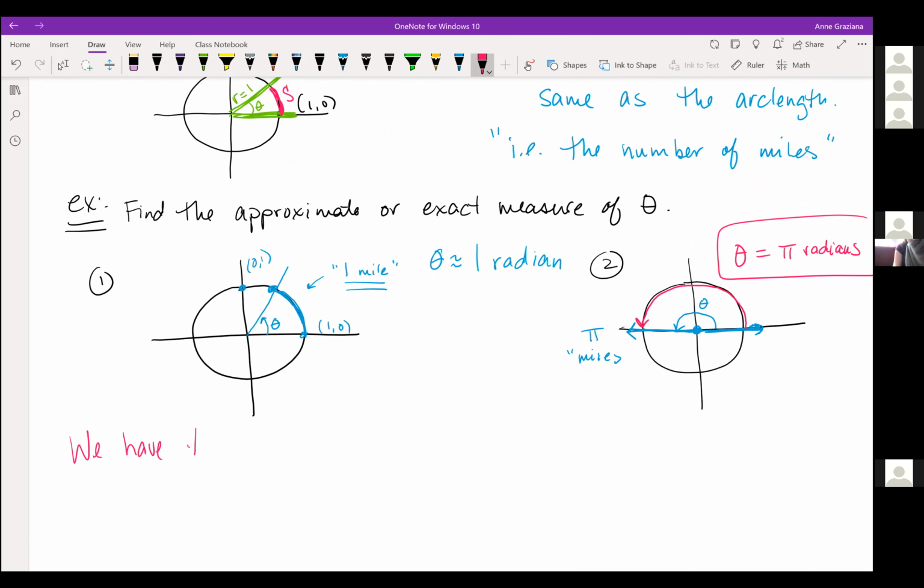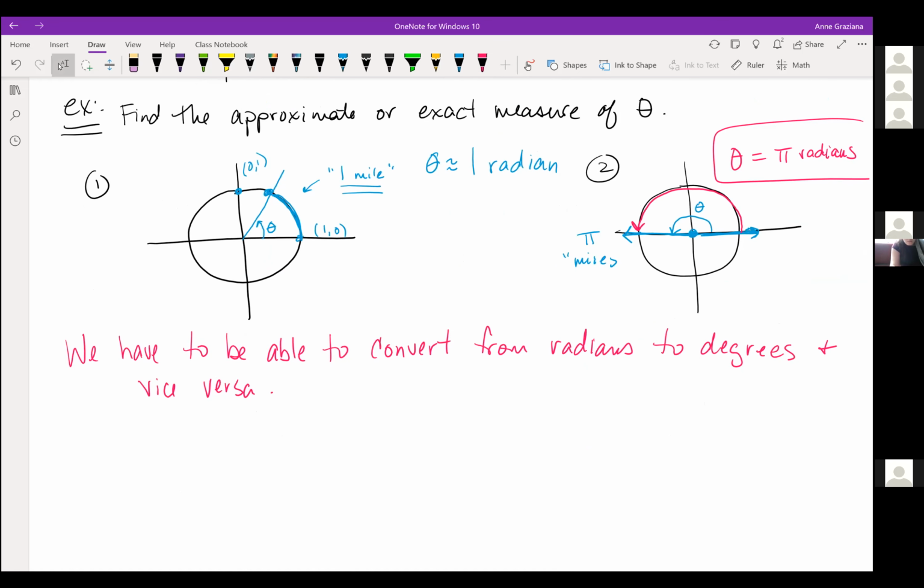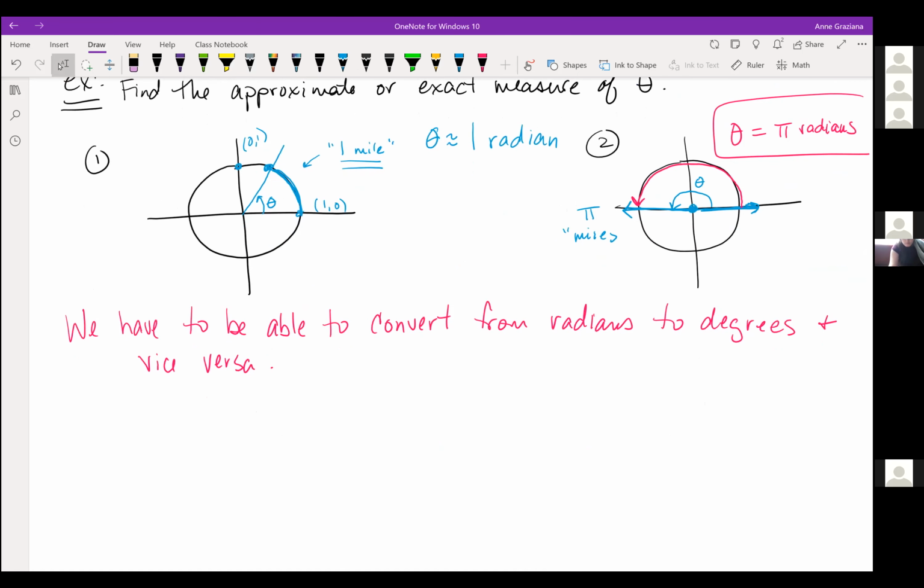It's not like no angle is measured in degrees anymore, but we have to be able to convert from radians to degrees, and vice versa. And that's really what 11.4 is about: introducing these concepts, but really being able to convert back and forth. So I like this example because this gives you exactly the conversion unit you need.